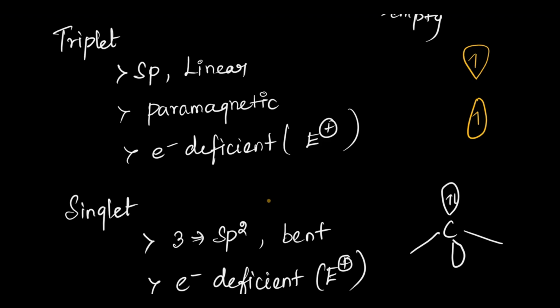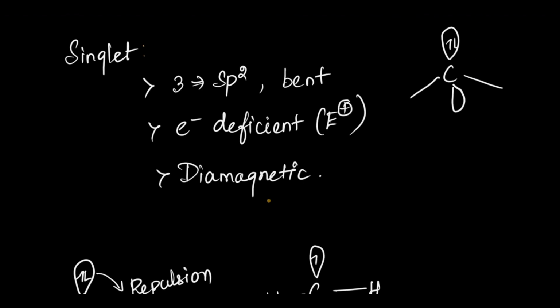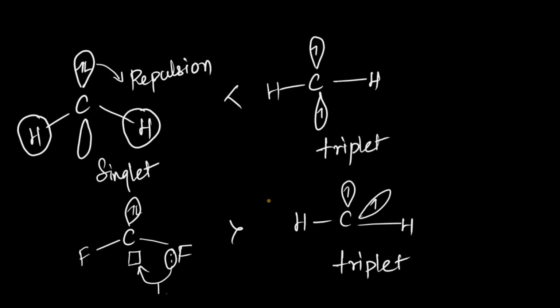And these are electron deficient too, because of the unpaired electrons. And the singlet ones are sp2 hybridized and bent. It has 1 empty orbital also. This is electron deficient and diamagnetic because both electrons are occupying the same orbital.